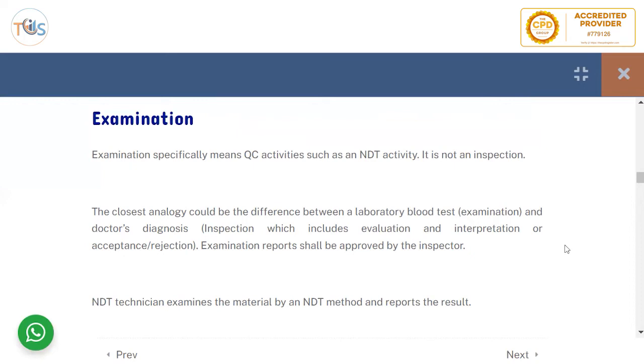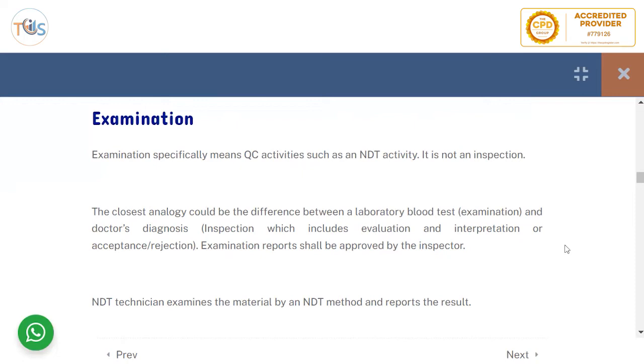Whereas NDE examination is trying to get some information from the material without actually destroying it. NDE never destroys or damages the material, and hence they call it examination.